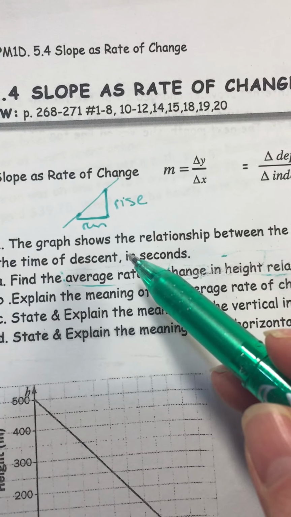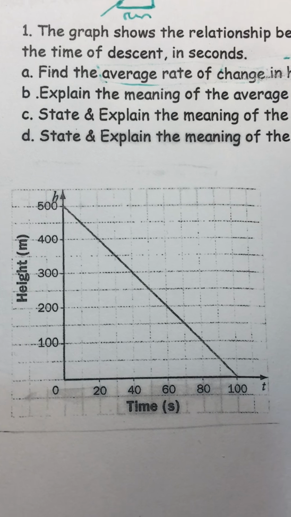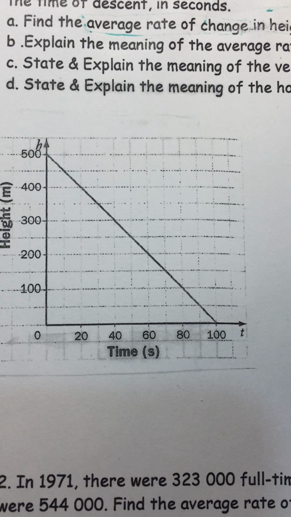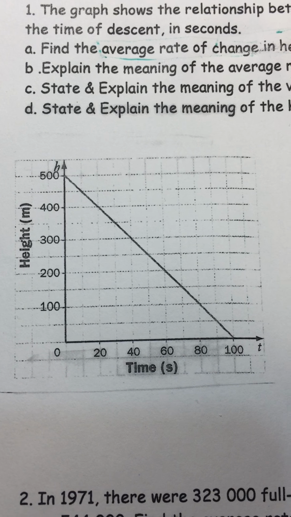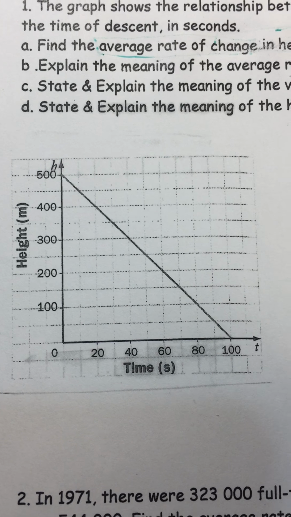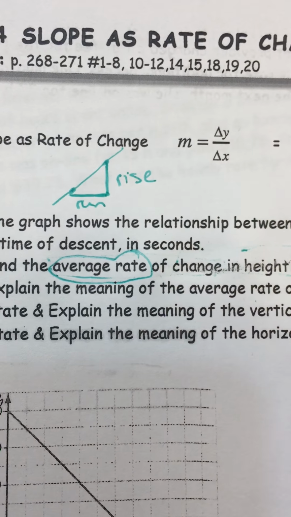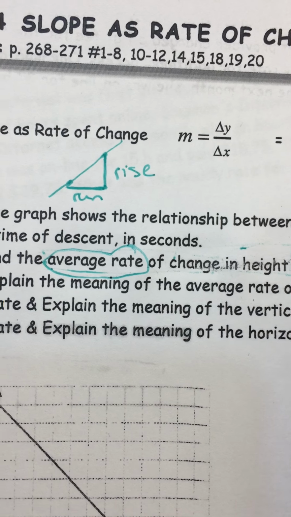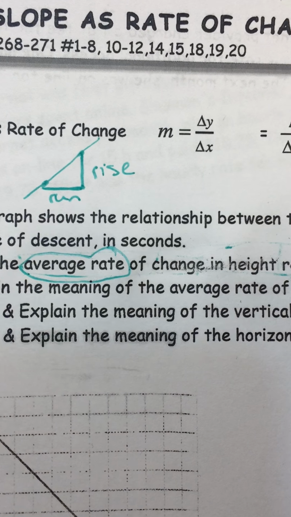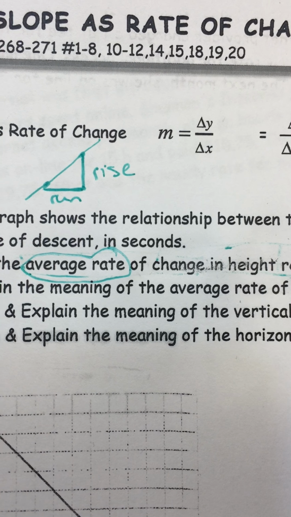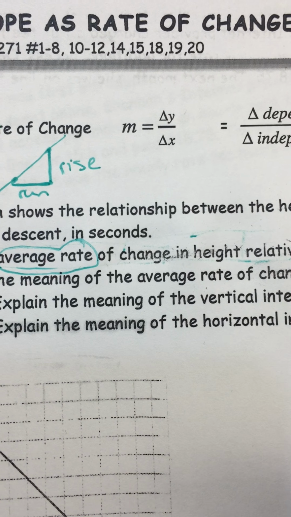So we have a graph here, and it shows a relationship between the height of a parachutist in meters and the time of descent in seconds. The first question says, find the average rate of change in height relative to the change in time. Well, if you're looking for an average rate, that's going to be division. Kilometers per hour, meters per second, how many donuts I can eat per hour, that's all rates.